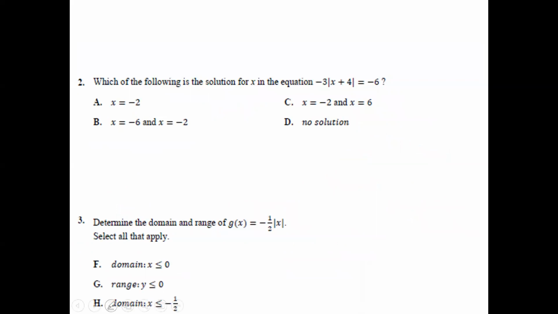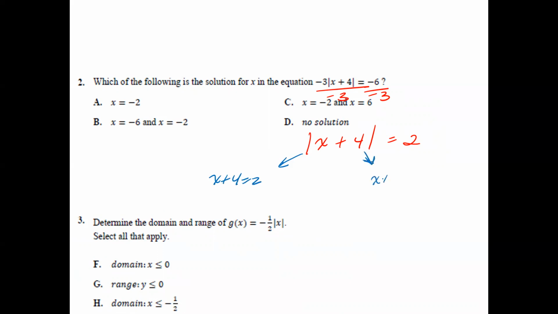Okay, question number 2. Which one here is going to give you the solution for this equation? Again, you want to get rid of that -3. The opposite of times is divide, so I'm going to divide by -3, and you're left with the absolute value of x plus 4 equals +2. There's nothing else attached outside of the absolute value, so you're going to split it. Your first one is x plus 4 equals 2.